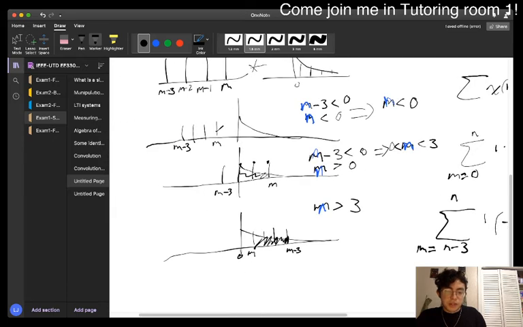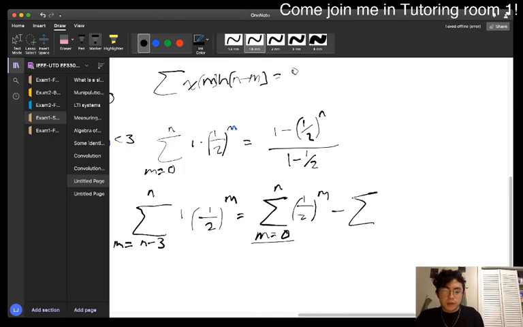So everything to the left of this non-overlapped region. So that would be the sum from m equal to 0 to n minus 3 of 1/2 to the m. That should be 1/2.